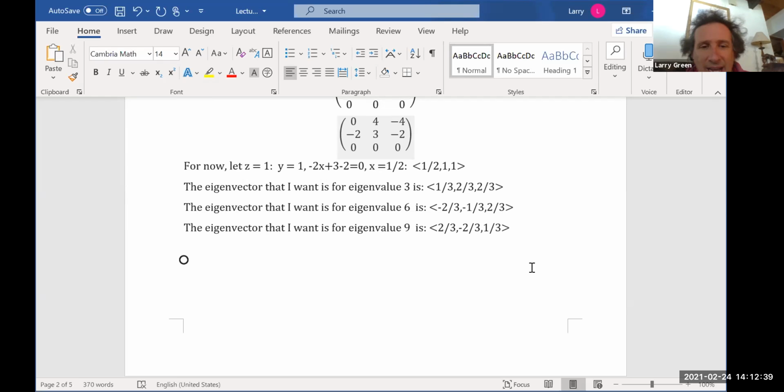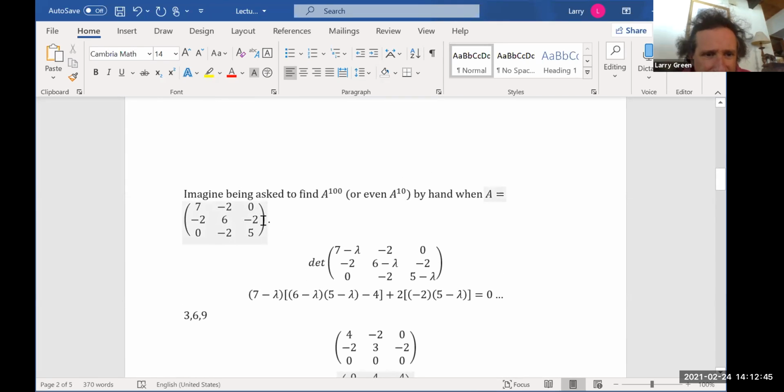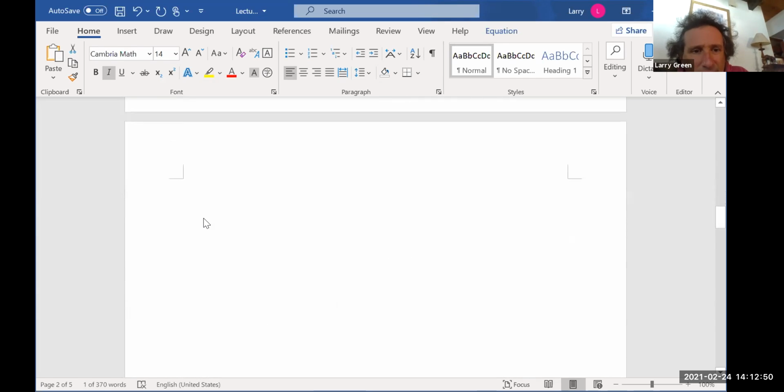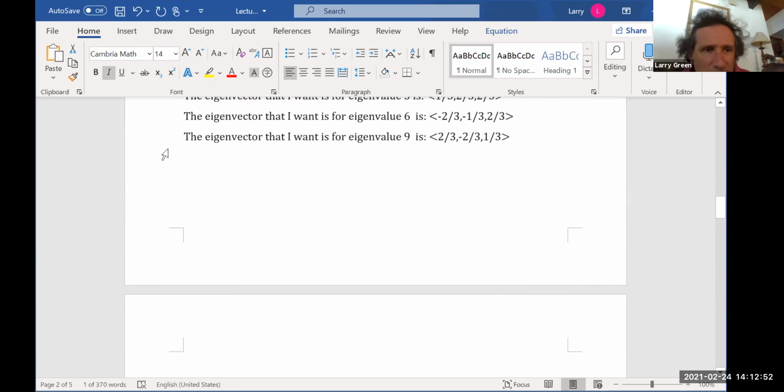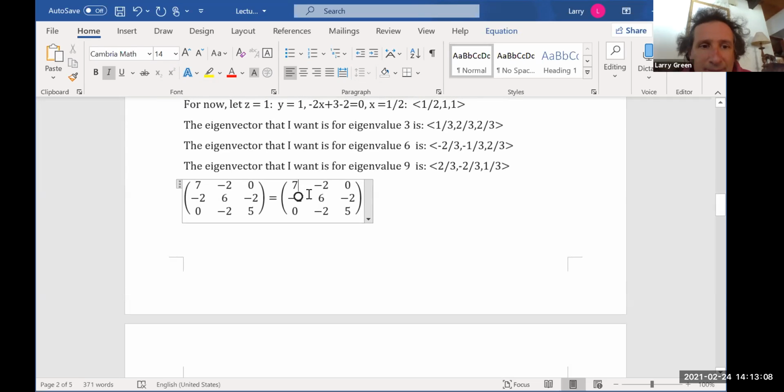Okay, so now I can rewrite my matrix, and let's write down this matrix again. That's our A. A is equal to, well, now I can write down our P, and our P, if you remember, is the matrix of eigenvectors.